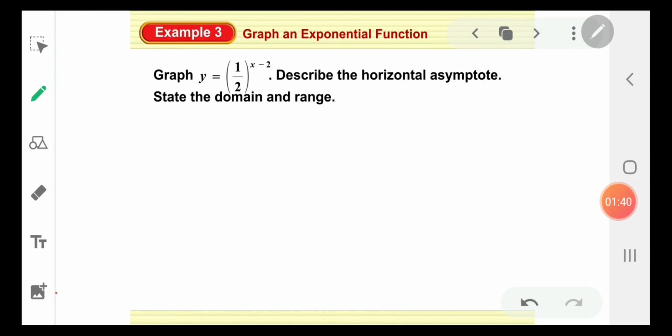Now let's start the third example, example number 3. And you might recall the translation which was explained in 8.1. When we add or subtract a certain value to the x values, this is causing a horizontal translation.